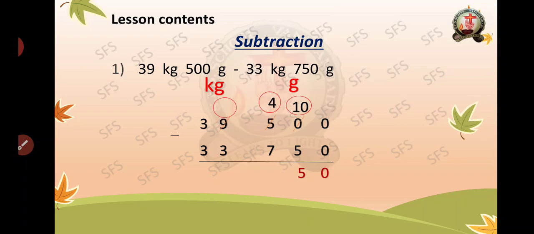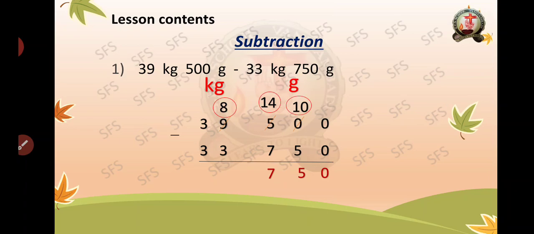Because it gave one to the neighbor. Whereas this 4 will become 14. Now, is it possible to subtract 14 minus 7? Yes, of course, because it is bigger. So 14 minus 7 is 7.